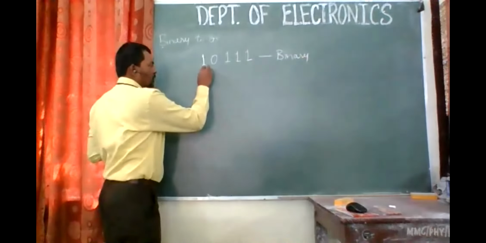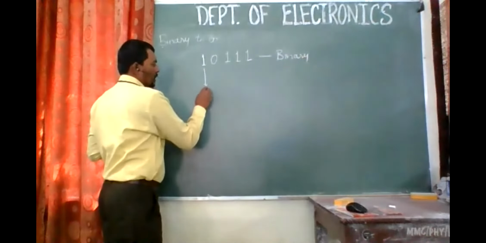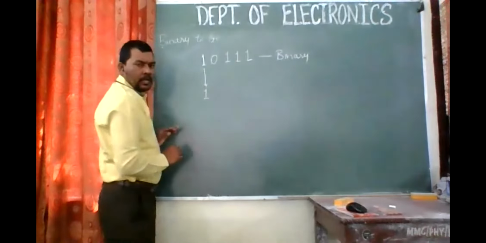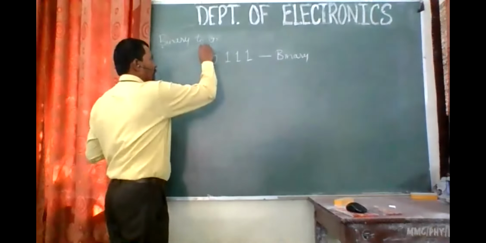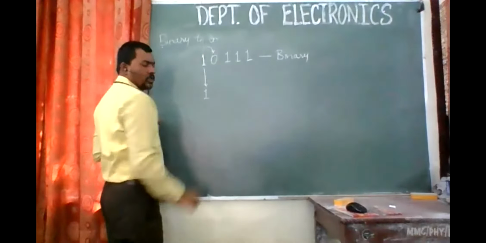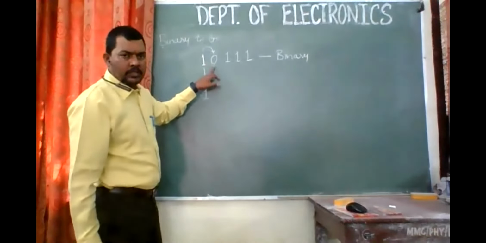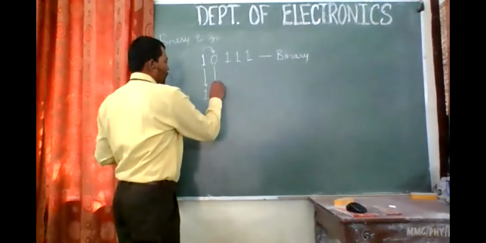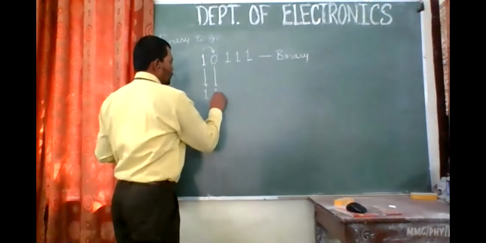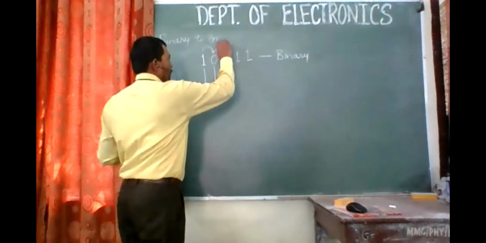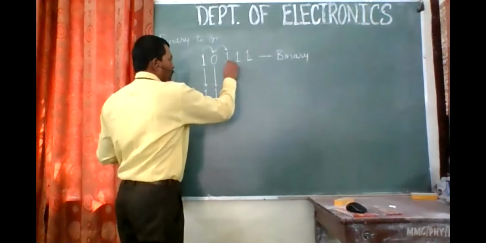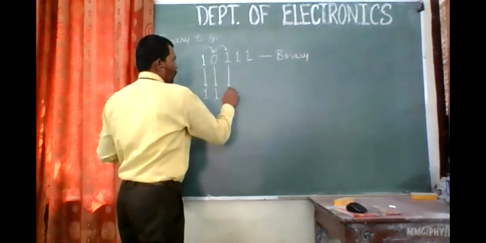For that, the most significant bit is taken as it is. So I'm taking this 1 as it is. Add the most significant bit to its adjacent number. 1 plus 0 will give you 1. Again, add this: 0 plus 1 will give you 1.